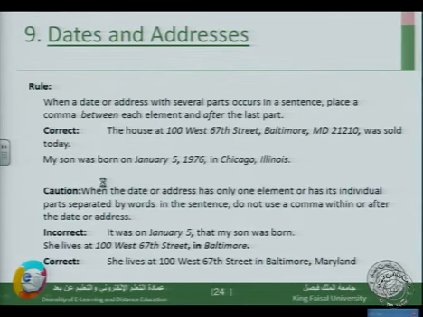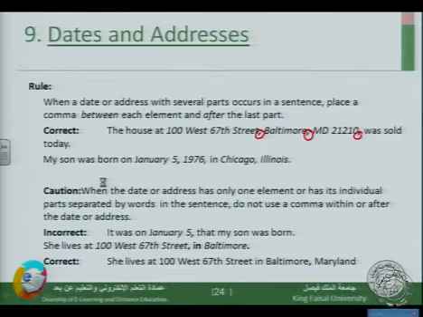Also, we put commas after dates and addresses. For example: "The house at 100 West 67th Street, comma, Baltimore, comma, MD, comma, was sold today." So, when a date or address with several parts occurs in a sentence, you should place a comma between each element and after the last part.